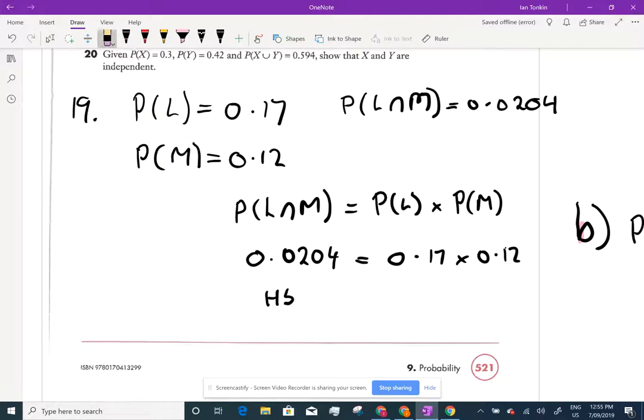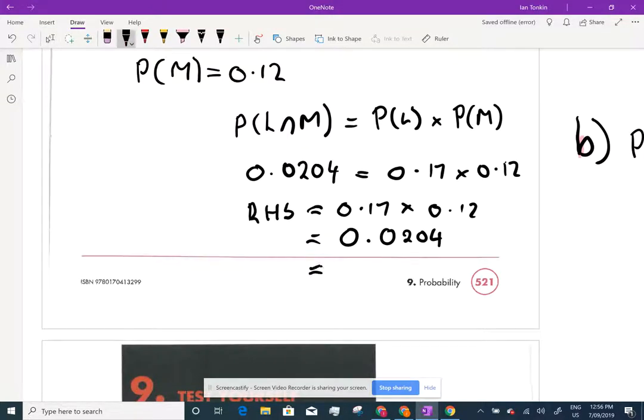Well, right-hand side equals 0.17 times 0.12, which equals, so just grab my calculator, we know it's going to be 0.17 times 0.12, 0.0204.